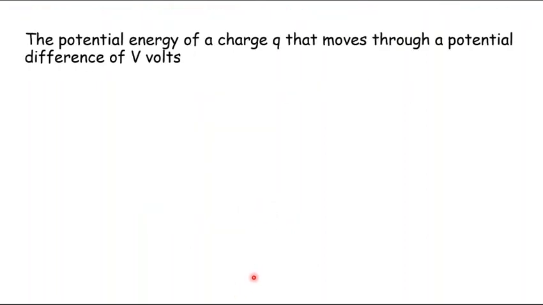Now, first of all, I will tell you that in most of the numericals, the data is given in the form of electron volts. So I will try and explain what an electron volt is. तो सबसे पहले potential energy of a charge Q that moves or is accelerated through a potential difference of V volts, that's equal to QV.